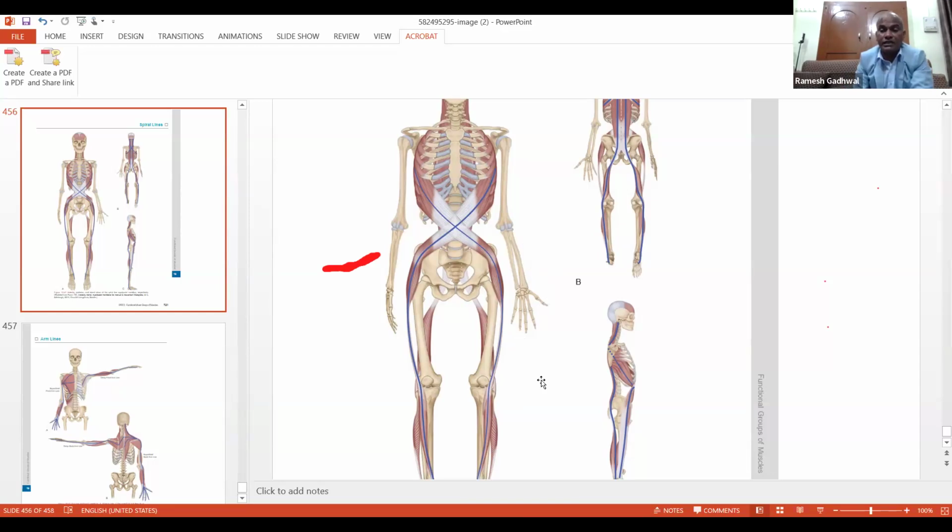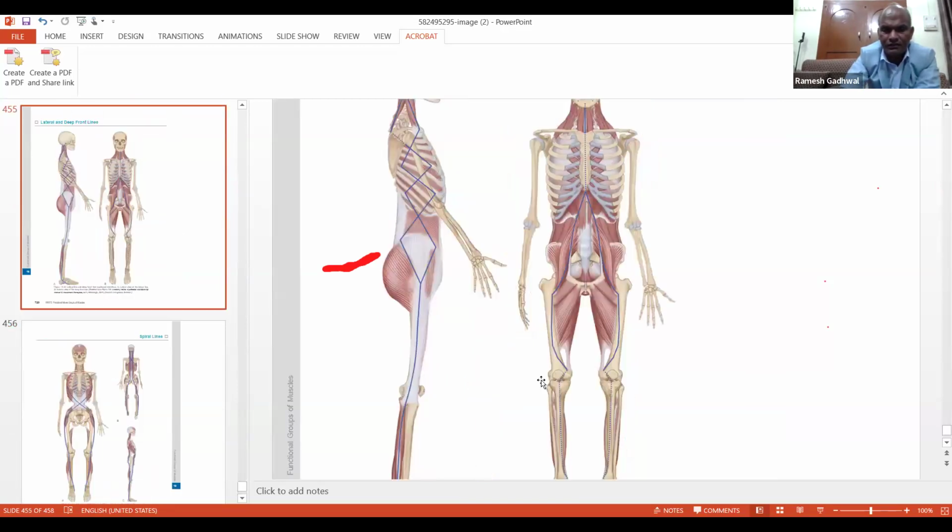Till now, what do you understand with these fascial meridian planes? I am showing you just four pictures.